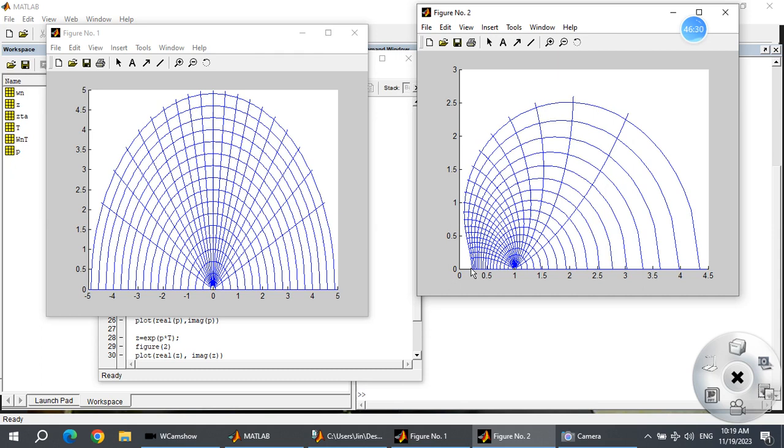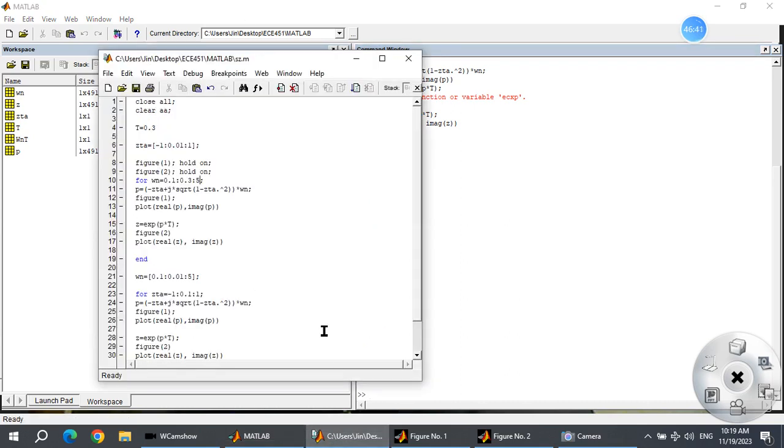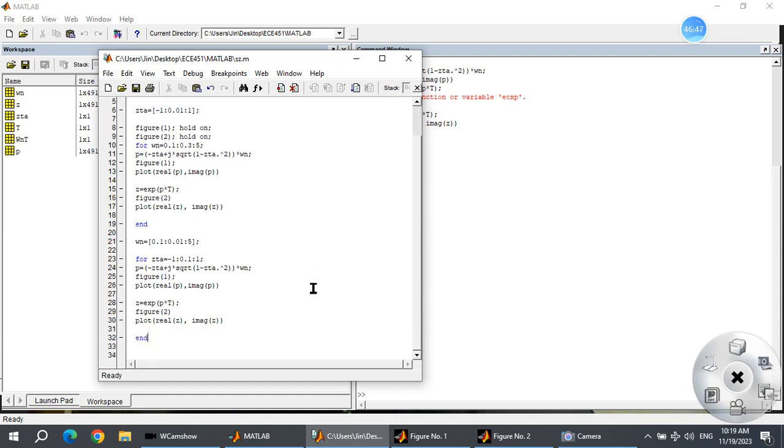We can give a little bit more omega to see what happened here. Okay, omega n. Now this. Omega n to 5. I gave 10, that is too much, right?